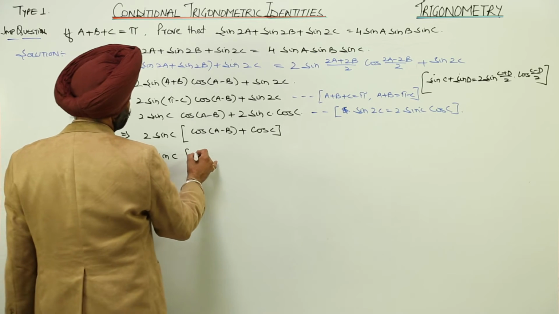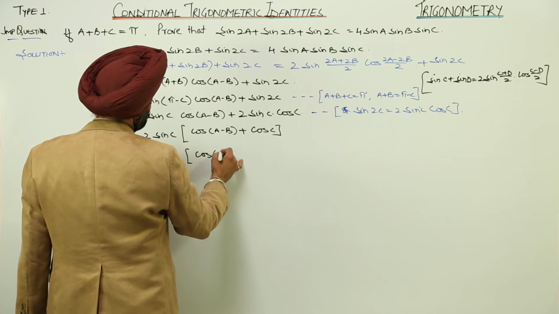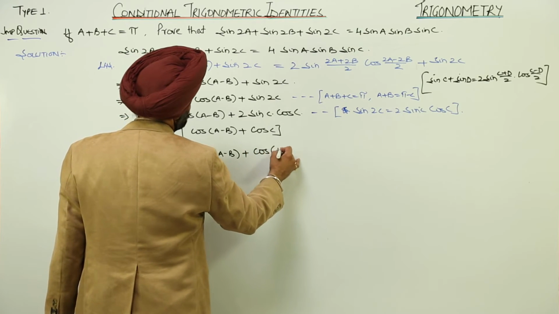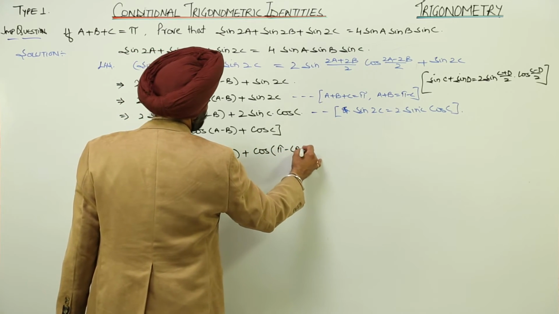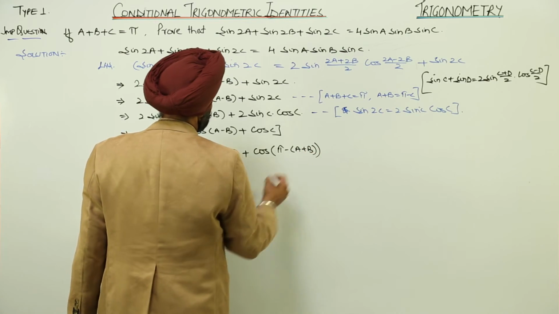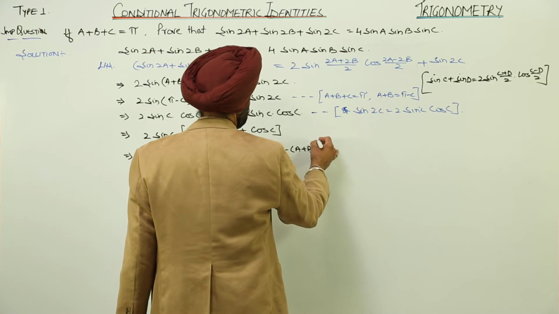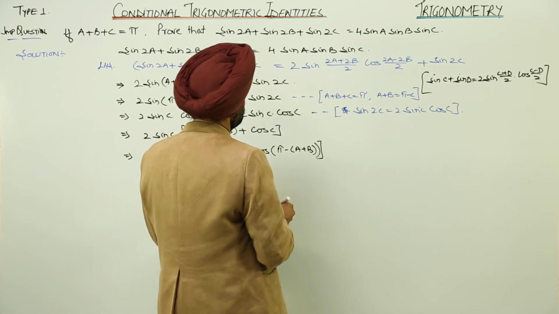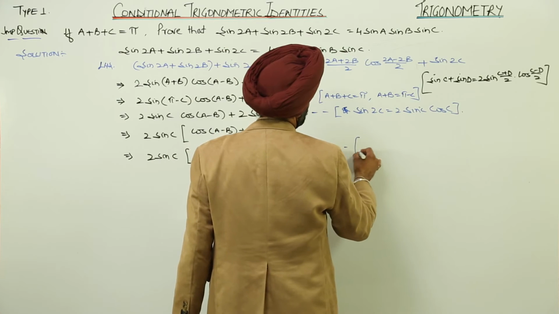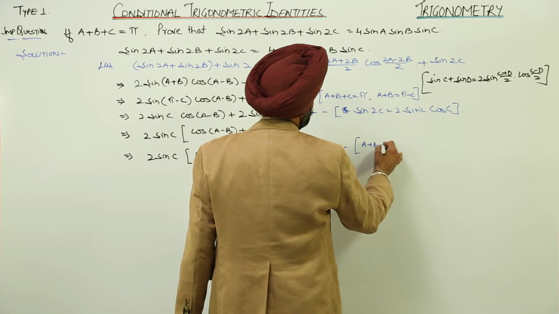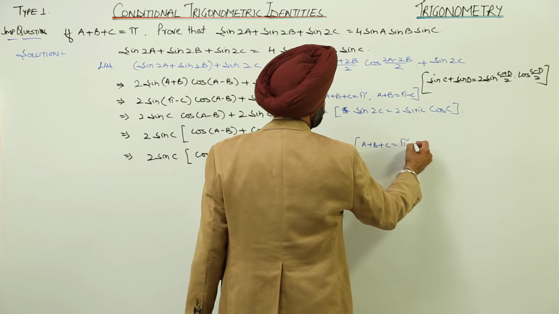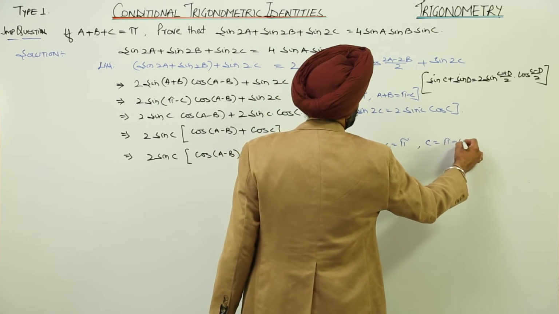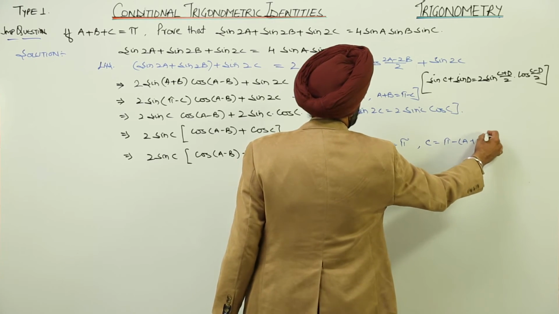Now 2 sin C, cos (A minus B) plus cos (pi minus (A plus B)). A plus B plus C is equal to pi, therefore C is equal to pi minus (A plus B).